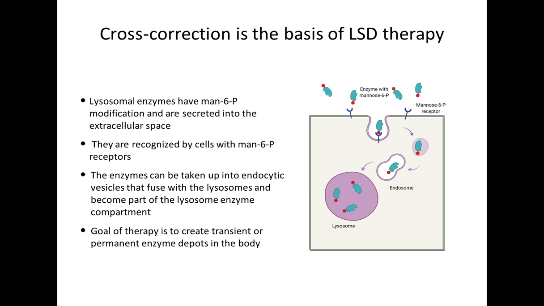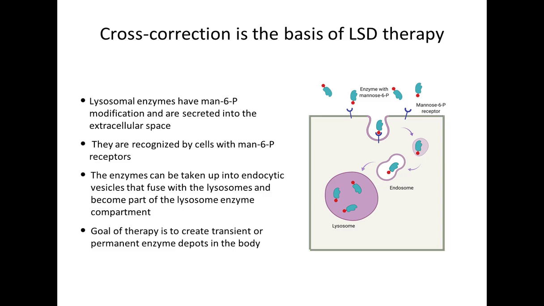A corollary to the property of cross-correction is that you can reconstitute enzymatic activity in some enzyme depot in the body, and then that should treat other organ systems that you're not directly targeting or correcting with your genome editing approaches, for example. So our goal here is to use the hematopoietic system to really cross-correct other organs.